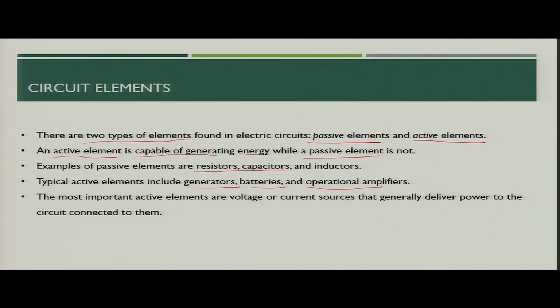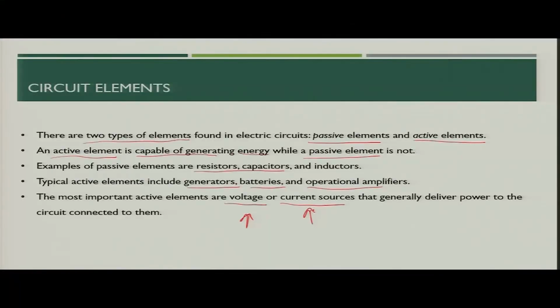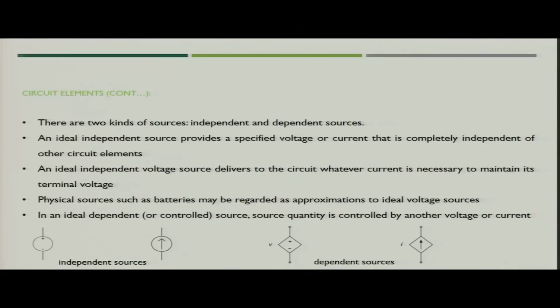So, what are the most important active elements for our circuit analysis? The most important are voltage and current sources, because generally when you solve any electrical circuit, you will see that voltage and current are given as a source for the supply of power. Now, you will see there are two different kinds of sources, one is independent, another is dependent.